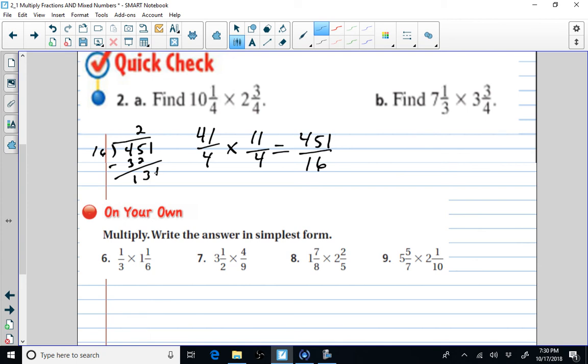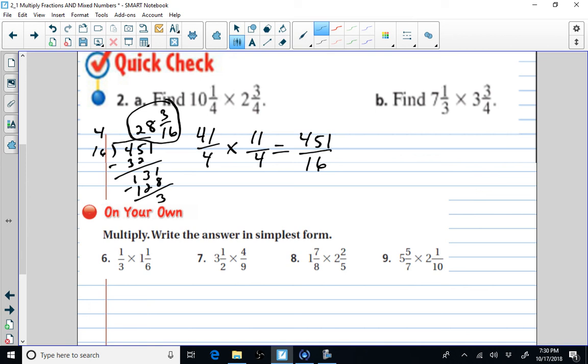Well, I know 16 times 10 is 160, which is too large, so it's going to have to be an 8. 8 times 16: 8 times 6 is 48, 8 carry the 4, 8 times 1 is 8, and 4 is 12. We have 3 left over. That remainder of 3, I put over my divisor of 16. So 28 and 3/16 is your product there.